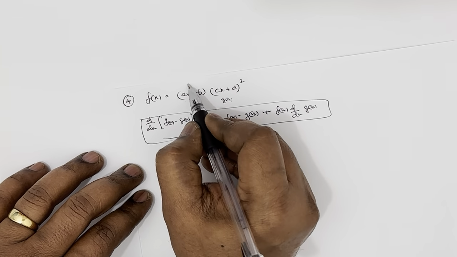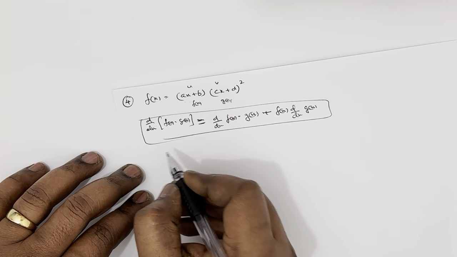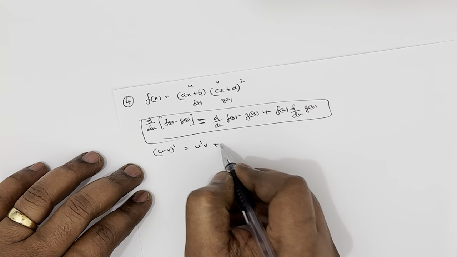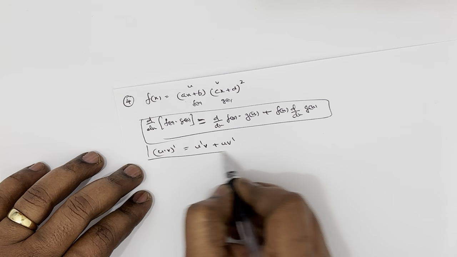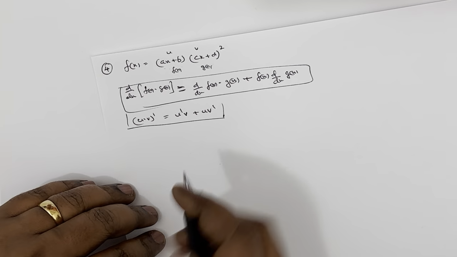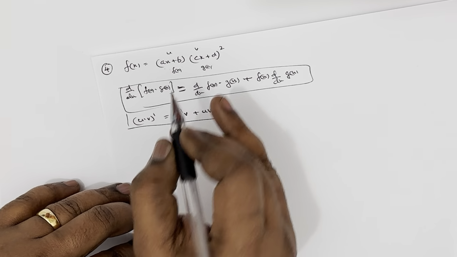Now if we consider this to be u and v in this notation, then (u v)' is equal to u' v plus u v'. You can use any of these notations. The formulas are both the same, only the notations are different.